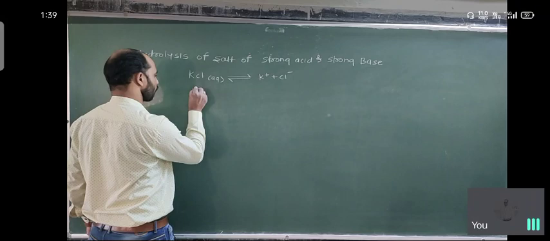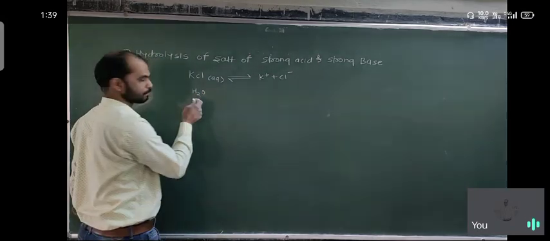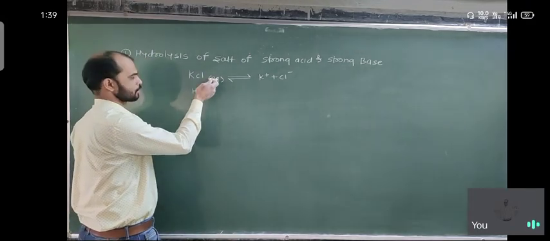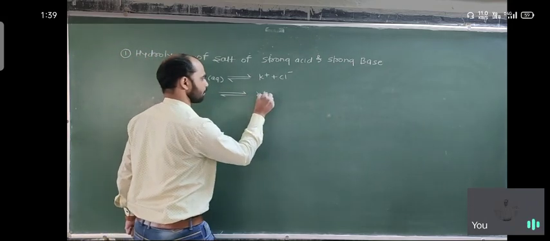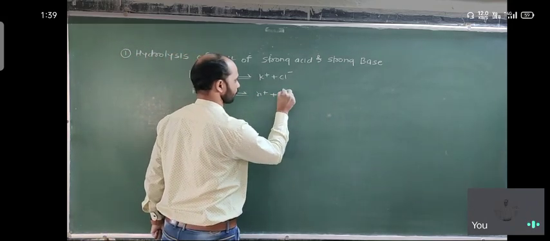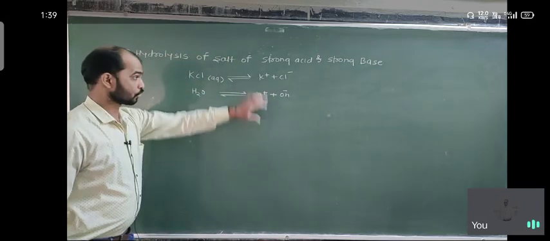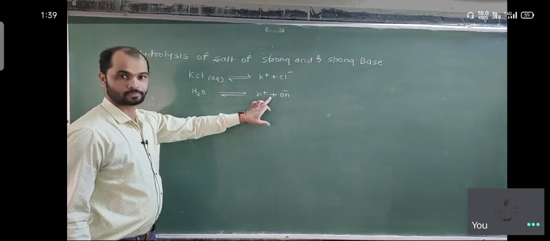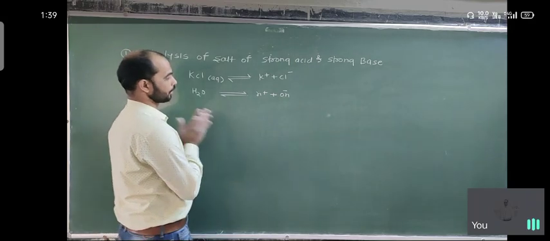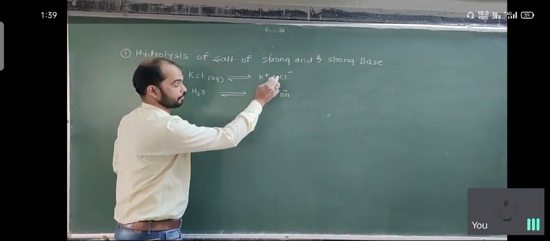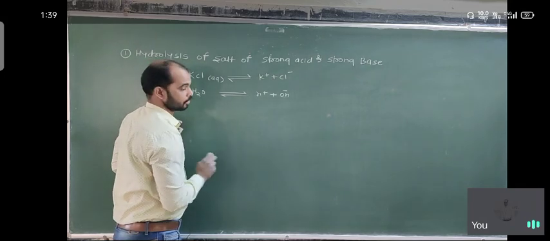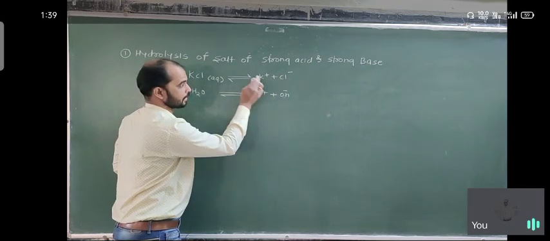If we add water there, it is aqueous medium. Means water itself is there as the aqueous medium, but water dissociates as H plus and OH minus. So salt and water. So what we expect here, the cation of water reacts with the anion of salt. So these are combined and these are combined.